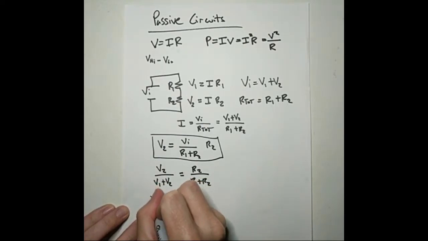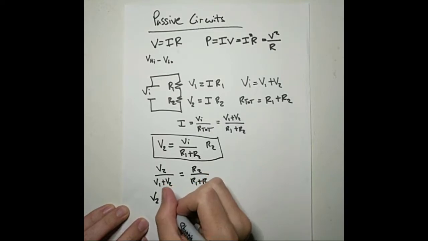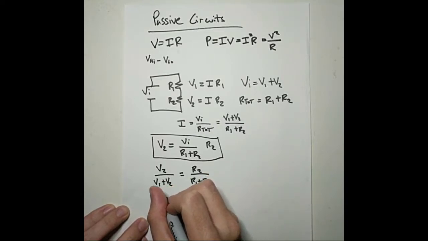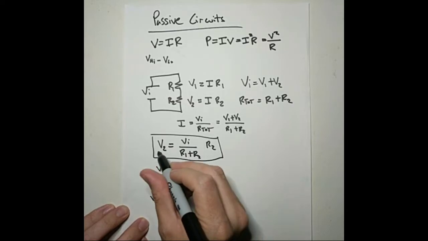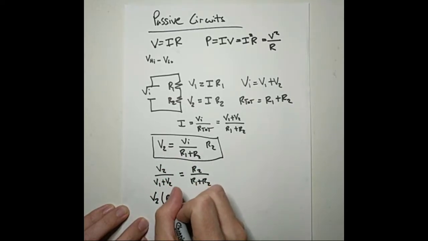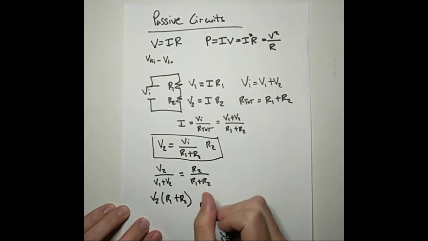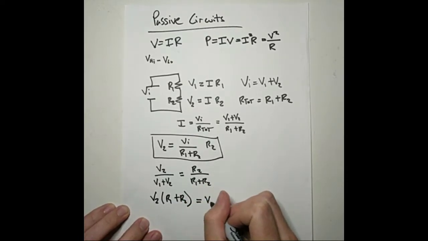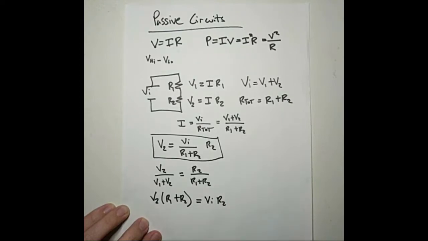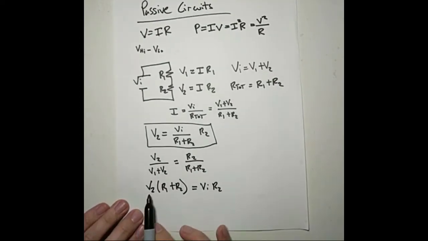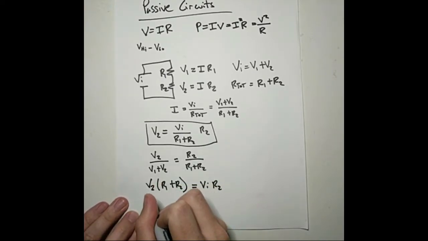So we can write, going back to here, I'm going to multiply across. I'm now going to bring this V2 term through.